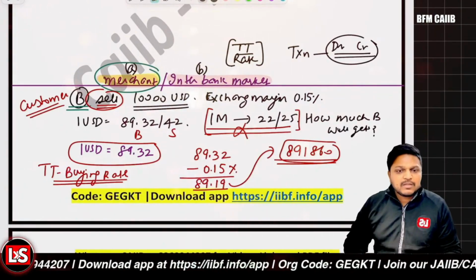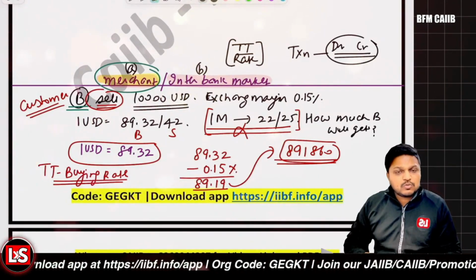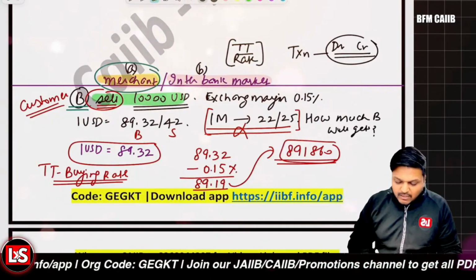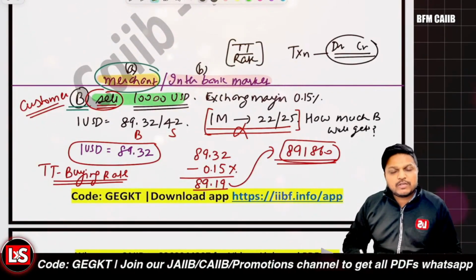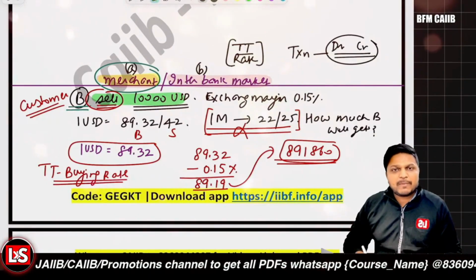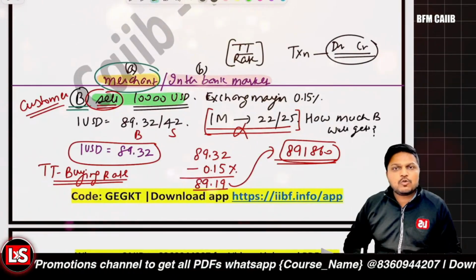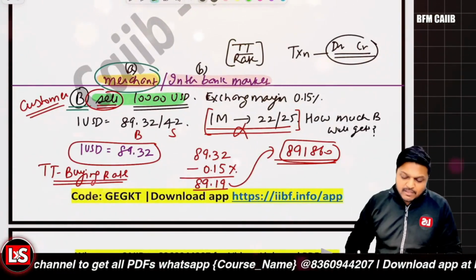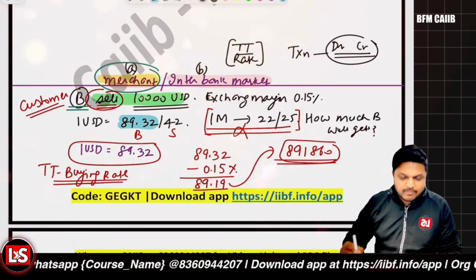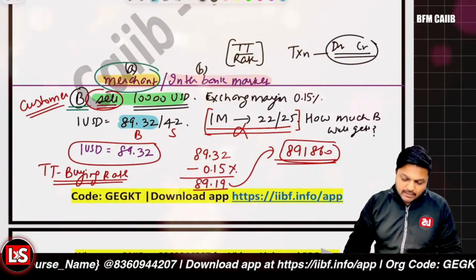Second logic, the bank wants to buy, because the customer wants to sell the USD, and the merchant rate is applicable. So we look from the bank perspective. The customer will be able to sell at a price at which the bank is ready to buy. So it will be the buying cost given by the bank. So we are looking at the buying cost. 89.32 is to be taken.